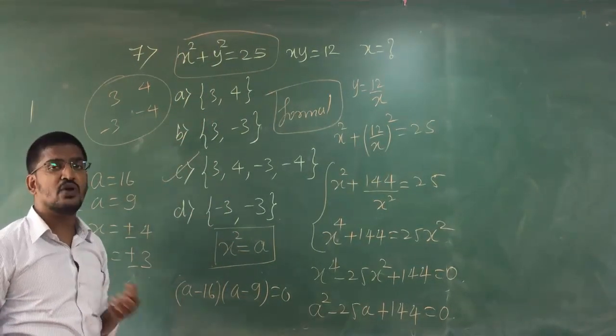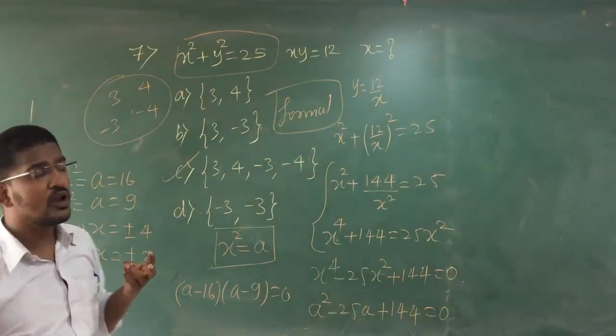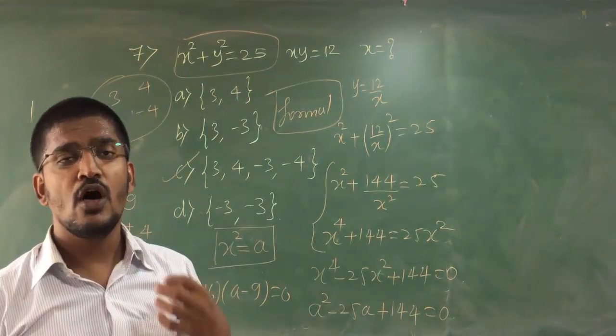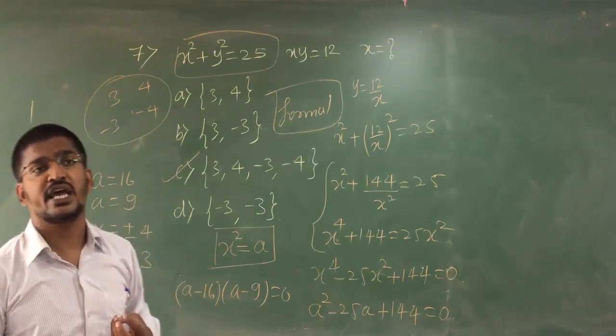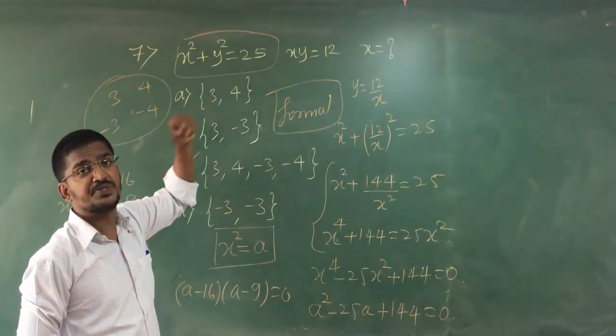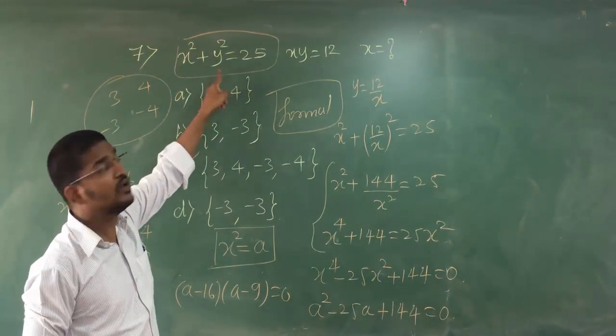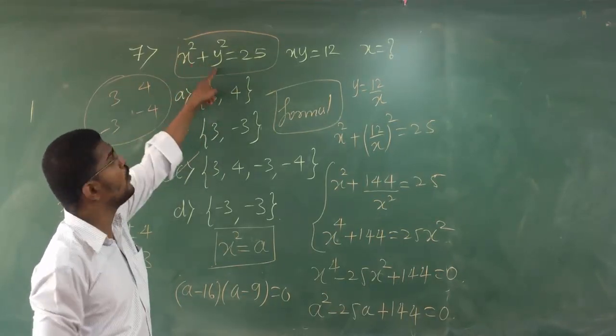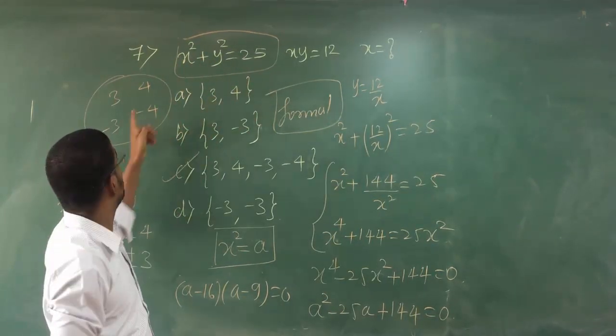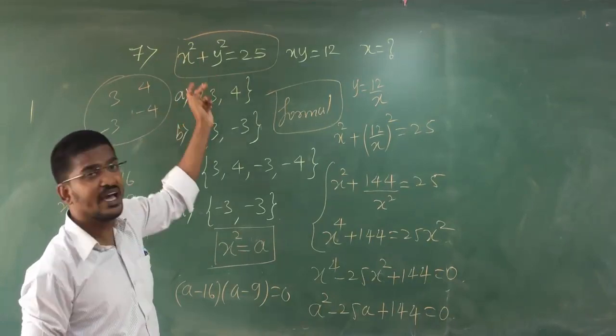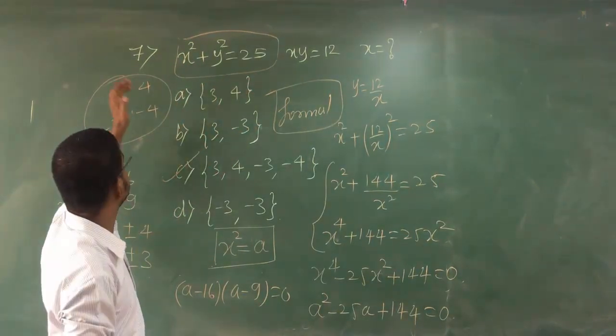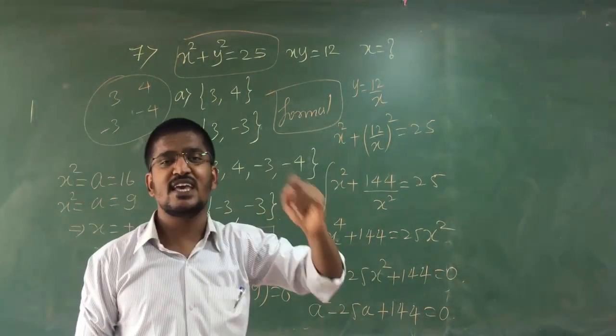So here only you can use the terms which are given in all 4 options. In all 4 options you have 4 choices. That is 3, 4, minus 3, minus 4. All those terms you can check here by substituting x value and y value. You put x value 3, y value 4. You will get 25. You put x value 4, y value 3. Again you will get 25. That means x can be 3 as well as x can be 4.